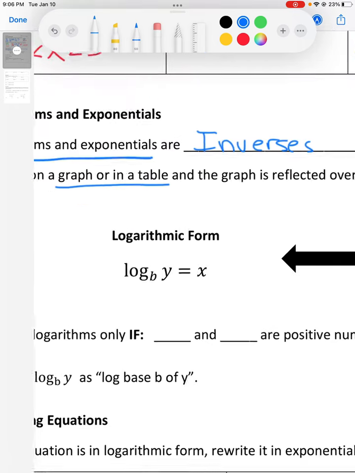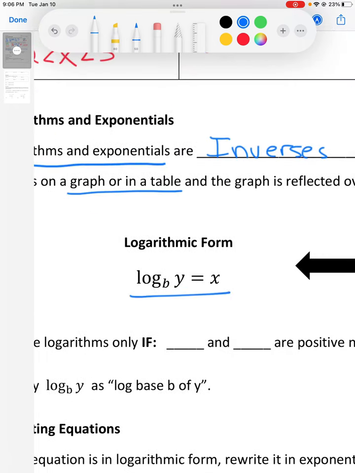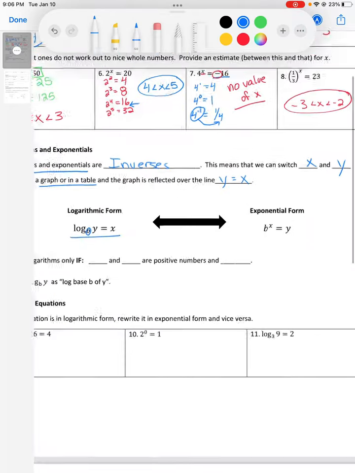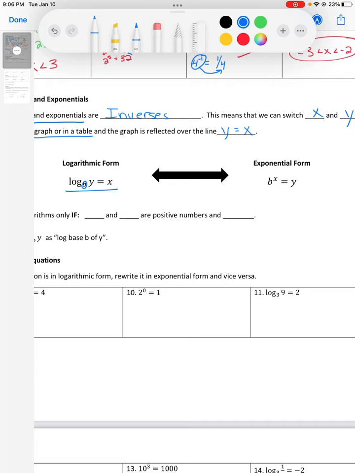Okay, so this is the form we write a logarithm in. How we read that is log base b. So this b is a base. So log base b of y equals x. That's how we read it. And we can switch back and forth between a logarithm and an exponent. So you can see the b, the base of the logarithm, is the base of the exponent.